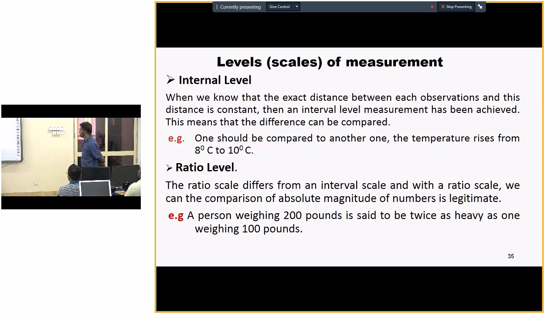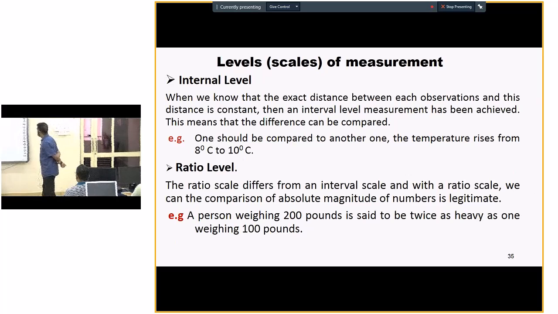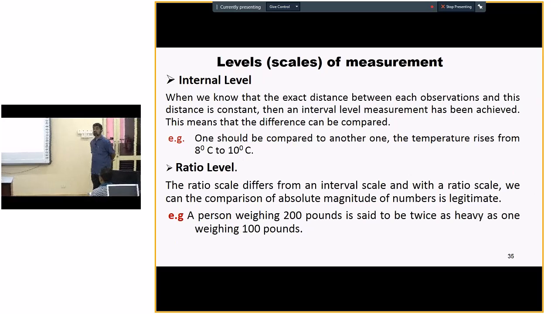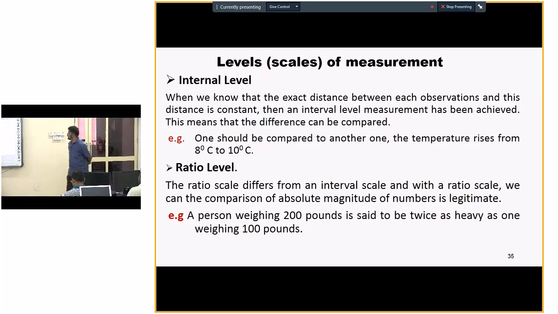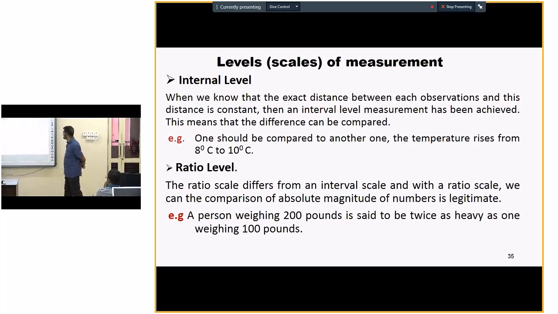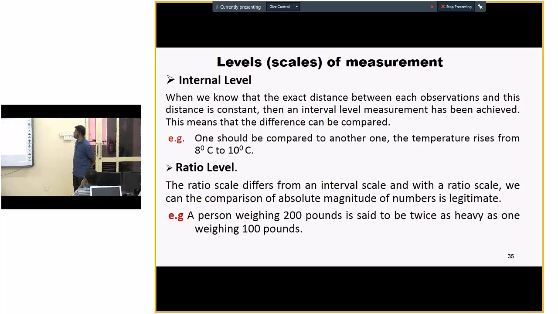Interval level data, when we know the exact distance between each observation and this distance is constant, then an interval level measurement has been achieved. This means that the differences can be compared. One can be compared to another one.